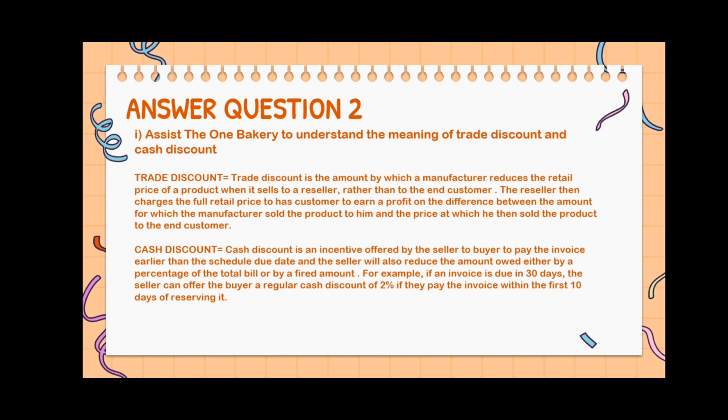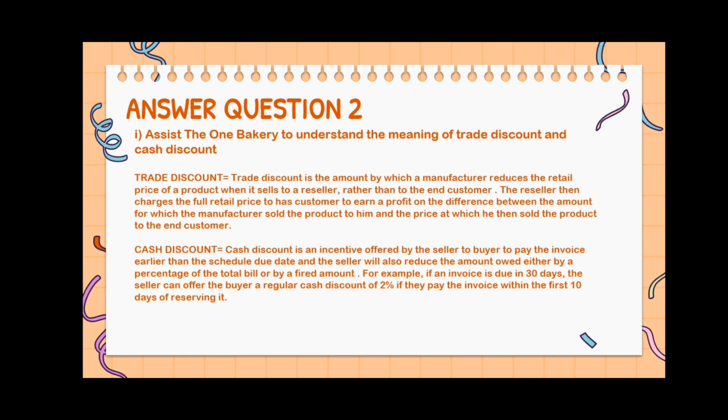Trade discount is the amount by which a manufacturer reduces the retail price of a product when it sells to a reseller rather than to the end customer. The reseller then charges the full retail price to his customer to earn a profit on the difference between the amount for which the manufacturer sold the product to him and the price at which he then sold it to the end customer.